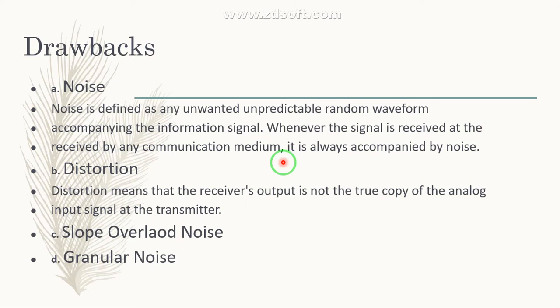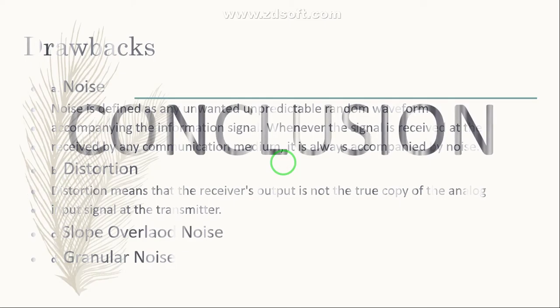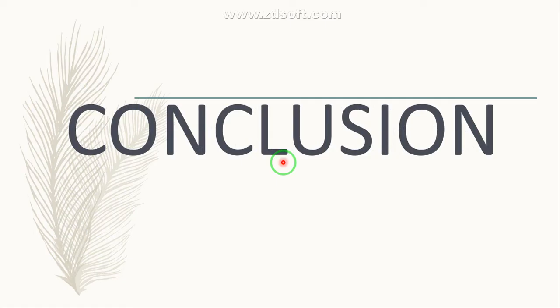So it could not approach it, there is a huge gap, and slope overload noise occurs. And last is granular noise. If the rate of change of the signal is very, very low, then oscillation of the integrator output takes place. These are the drawbacks which make us study adaptive delta modulation.